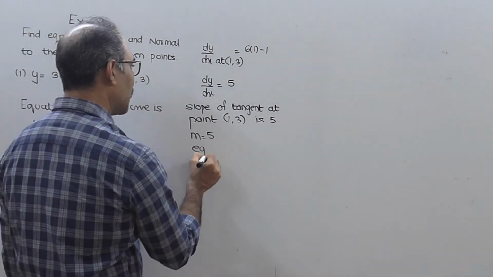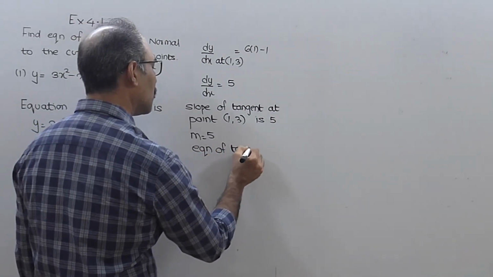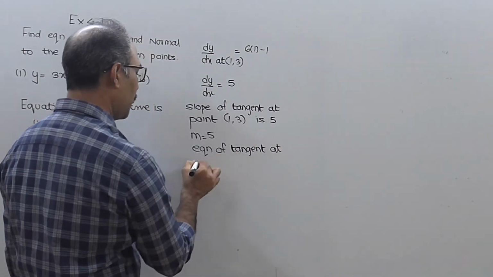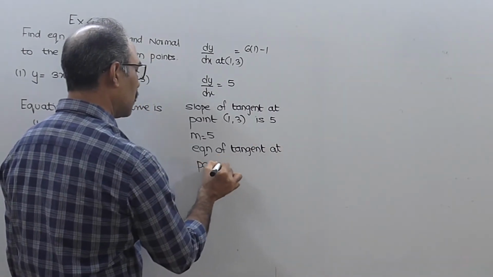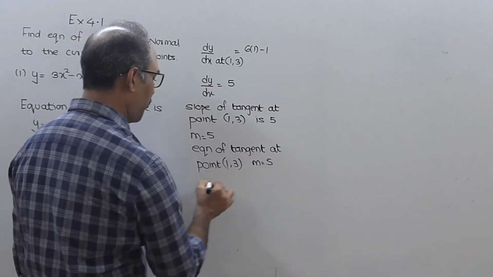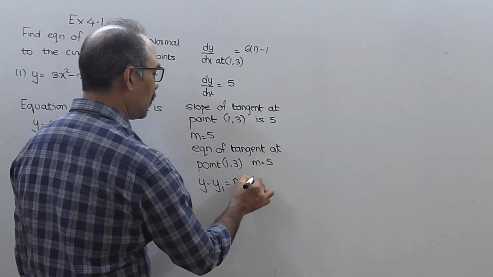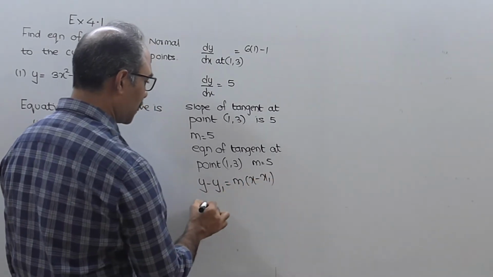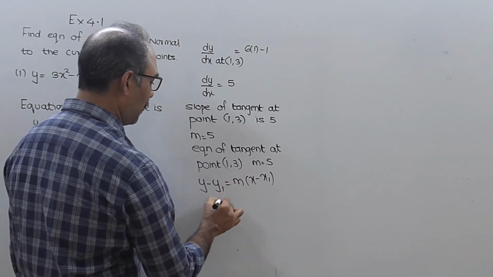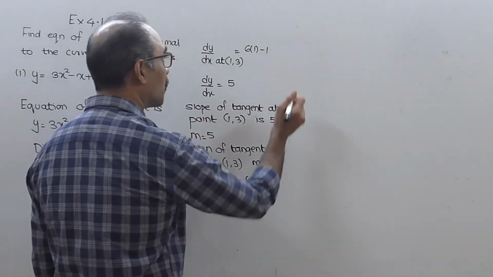So the equation of the tangent at point 1 comma 3 and m equal to 5 is y minus y1 equal to m into x minus x1. This is x1 and this is y1. So I will say y minus 3 equal to 5 into x minus 1.